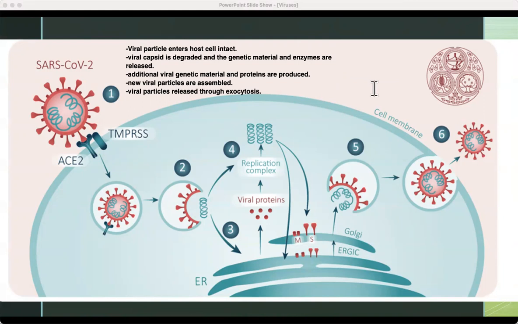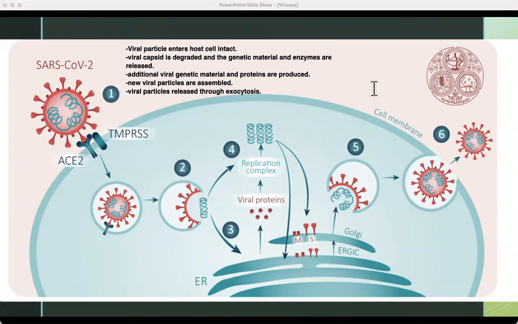Remember that viruses are specific to certain organisms and certain cells within the organisms. For instance, HIV affects cells in the immune system. SARS and influenza affect epithelial cells in the upper and lower respiratory tracts.